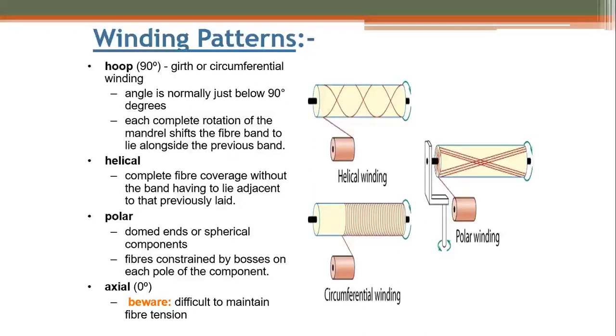Each complete rotation of the mandrel shifts the fiber band to lie alongside the previous one, in the form of parallel winding. You can see the circumferential winding here. This is called hoop winding or circumferential winding.